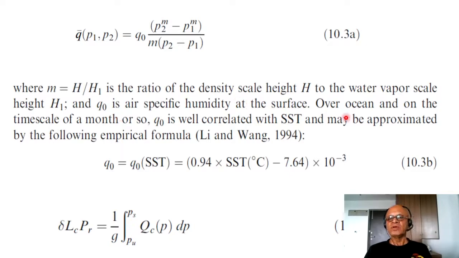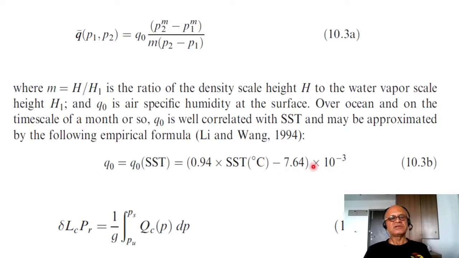Okay. So over the ocean and on time scales of a month or so, Q0 is well correlated with SST and may be approximated by the following empirical formula. So Q0 here is a function of SST, and it's been linearized in this way.